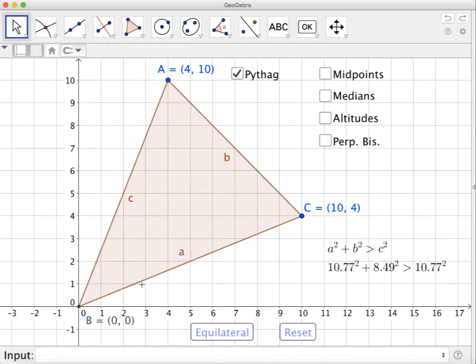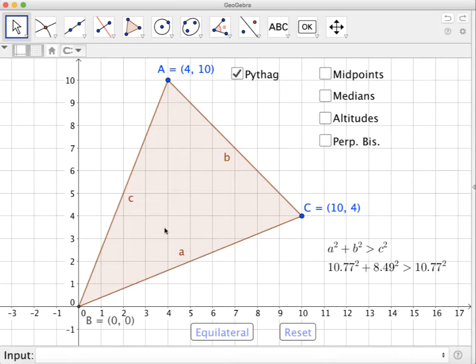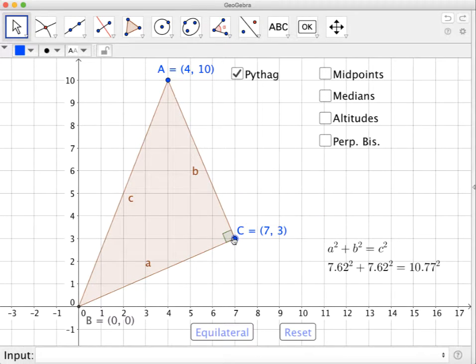We have 10.77 squared, which is A squared, plus 8.49 squared, which is B squared, is greater than 10.77 squared. And in fact, our triangle is currently an isosceles triangle, with sides lowercase c and lowercase a having the same length. Okay, so let's make our triangle a right triangle.